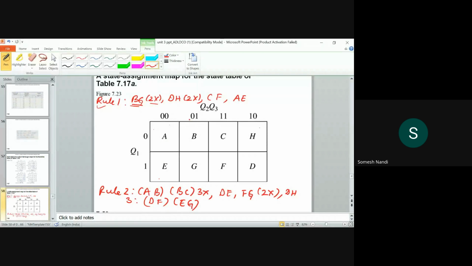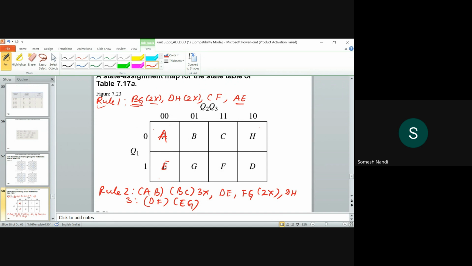Now, to start off, because A is your first state, I've taken A as my first state. Say I have taken AE. In rule 1, AE gets the first priority.